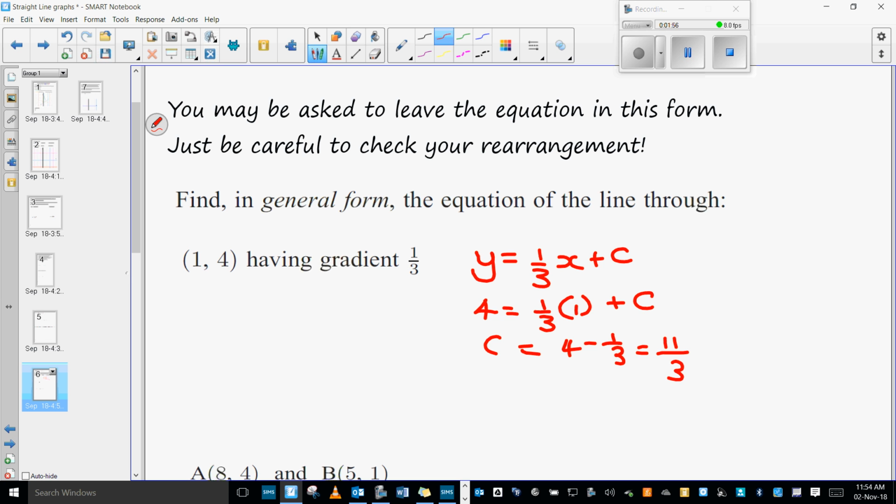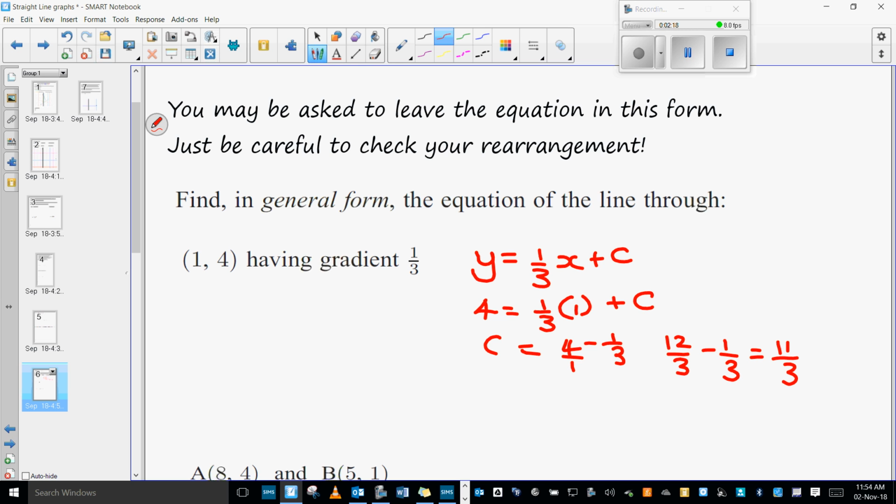Was that too much? So 4 whole 1s in terms of thirds would be 12 over 3, yes? Because it's equally 4 over 1.